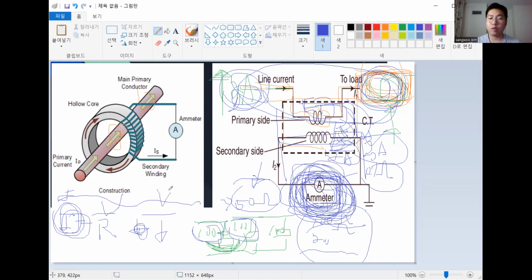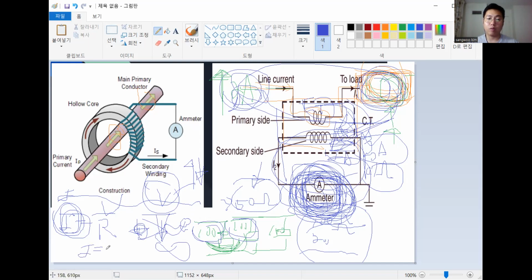But look at that. The voltage is going to change up and down. If it's infinite, we say open. Open means if we open it, the load is going to be infinite. Look at that. What happened?